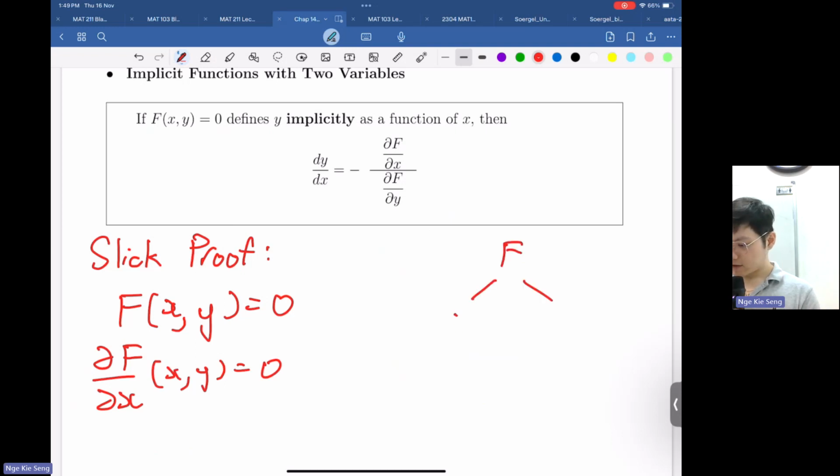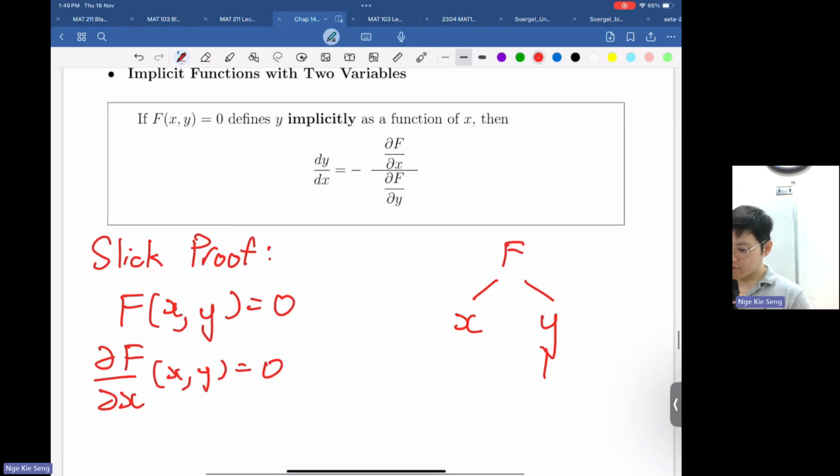We have f, and then we write it as x and y, and then the question says that y can be written in terms of x. So similarly, we also get a tree now. Once we have this tree, what do these edges represent? These edges represent the partial derivatives.